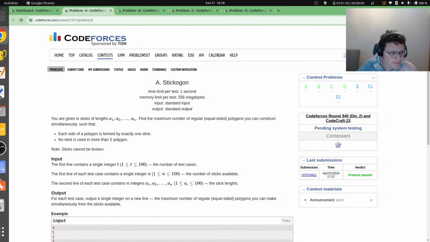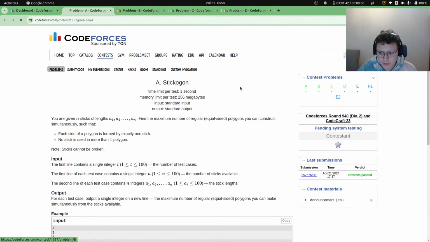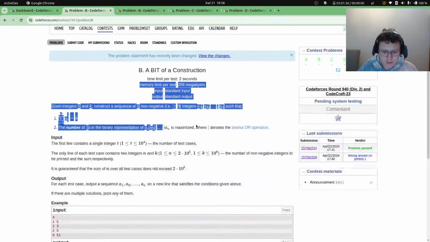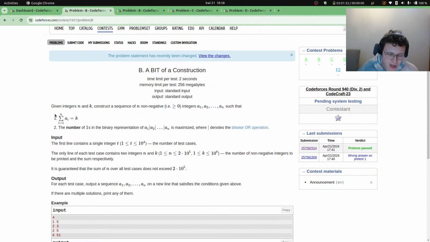So, now to problem B. I don't think there are any questions. In problem B, we want to construct a sequence A of length n, such that the sum of the numbers in this sequence is equal to k, and the number of bits that are on in the binary representation of the bitwise OR of this array is as large as possible.